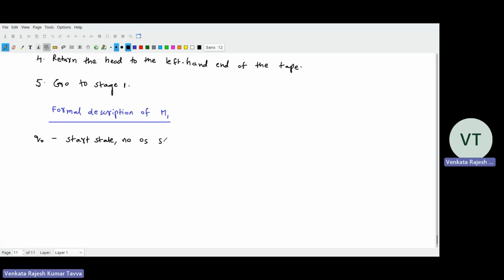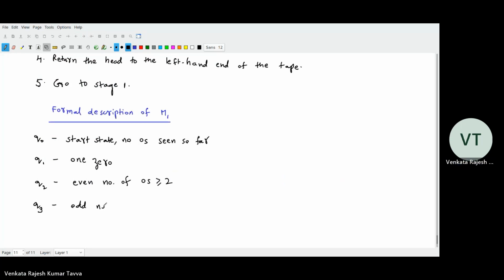No zeros seen so far. Q1 means you saw only one 0. Q2 means you have seen even number of zeros greater than or equal to 2. Q3 means you have seen odd number of zeros greater than or equal to 3.